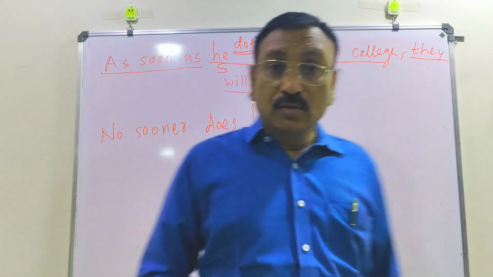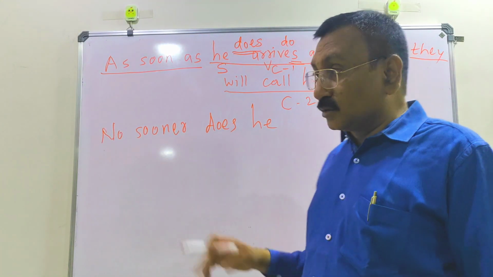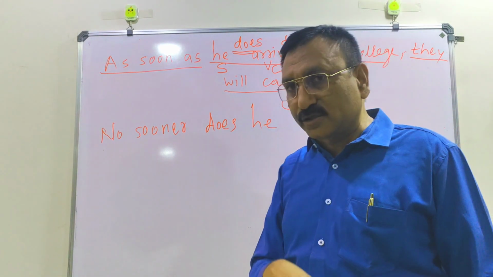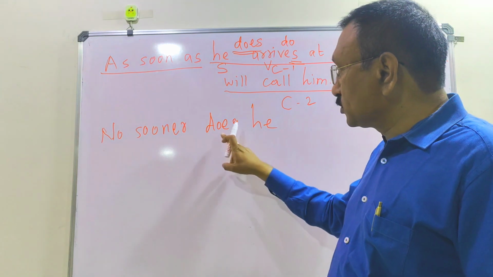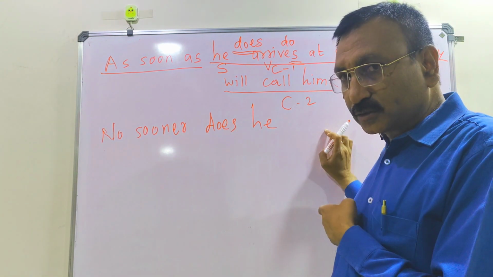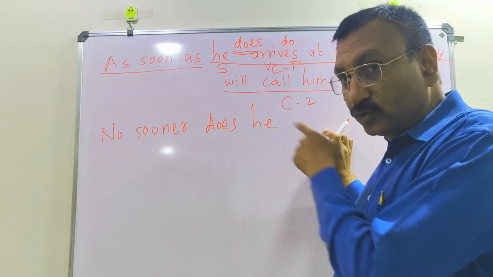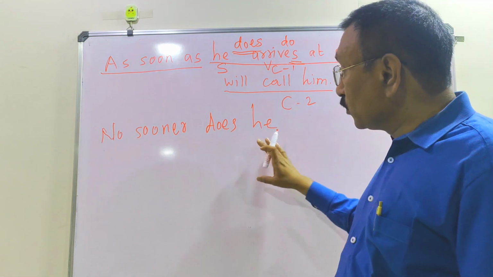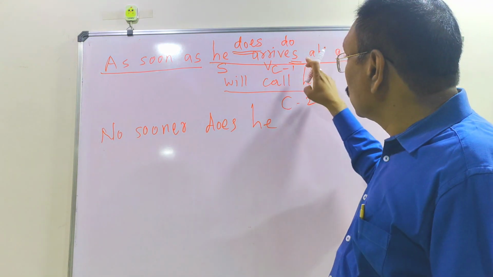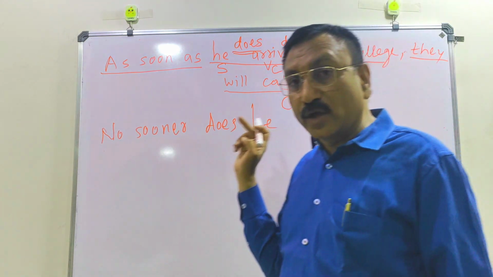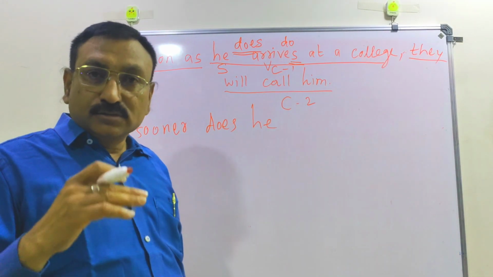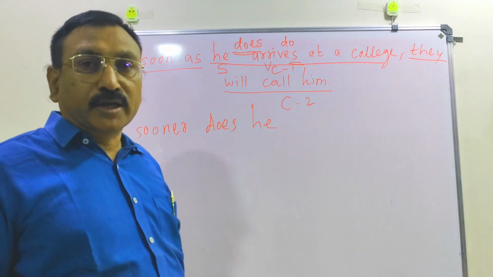Here also, as I explained in the previous sentence, for the sentence in simple past tense, we used did, and we did not continue with V2. We converted that V2 into V1. In the same way, when we use the auxiliary verb does, we have to remove the suffix s after the verb arrive, isn't it?